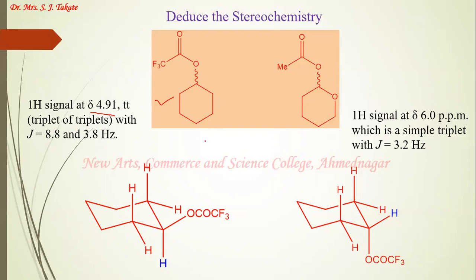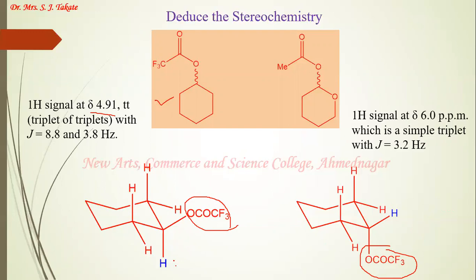The compound can have two different orientations. In one conformation, the ester group occupies the equatorial position, and the second possibility is that the ester group occupies the axial position. Let us first consider if the ester group occupies equatorial position.